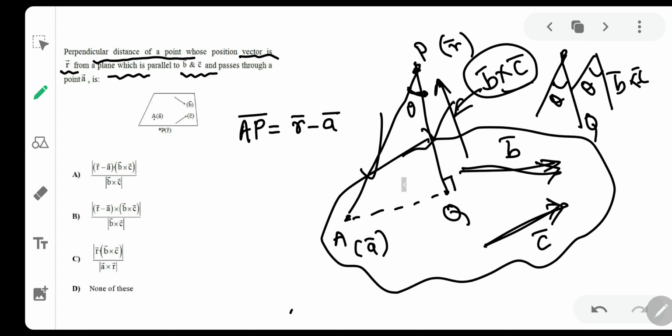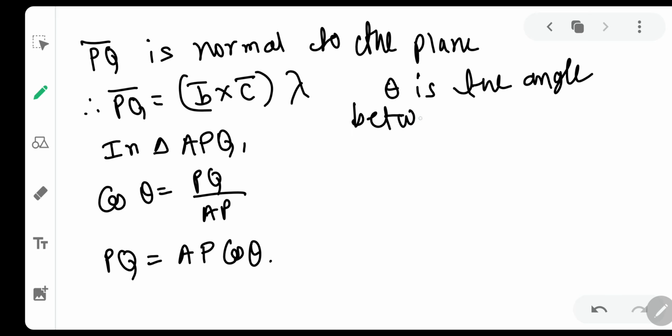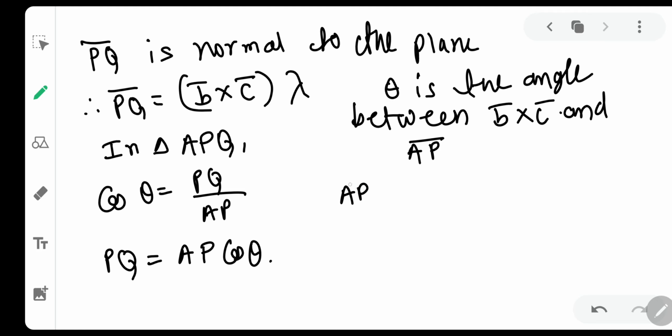So the angle which AP bar makes with PQ bar is the same as which it makes with b bar cross c bar. So we can say theta is the angle between b bar cross c bar and AP bar. Okay, so we can take the dot product.